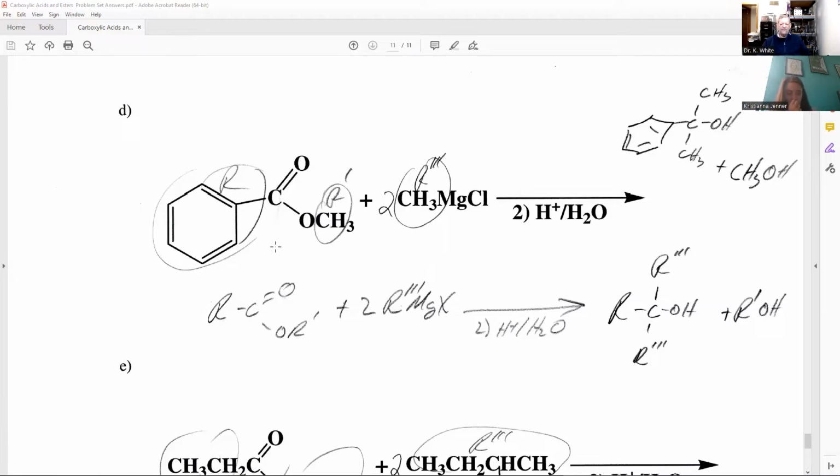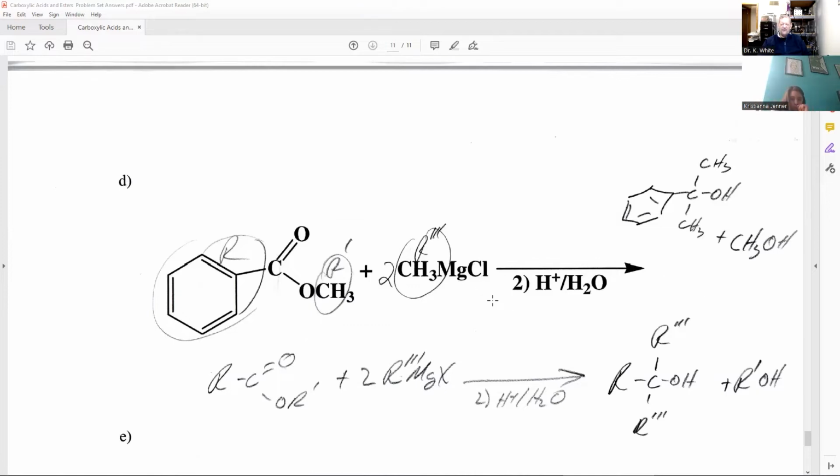What do we have? We have an ester reacting with 2 moles of a Grignard, MgX, where X can be chlorine, bromine, or iodine, and each R triple prime bonds to what was the carbonyl carbon. That R group is still there too, and the OR prime gets kicked out to make this alcohol.